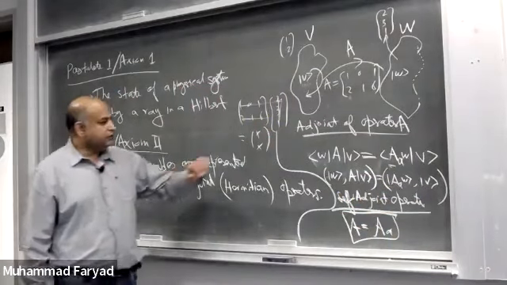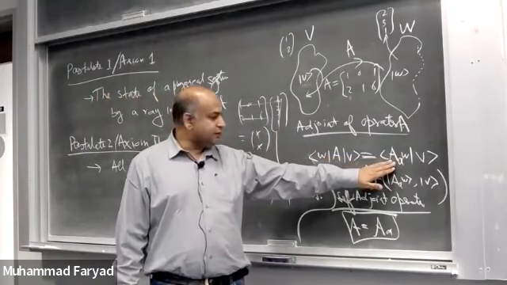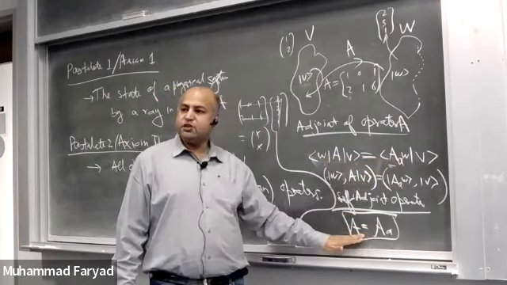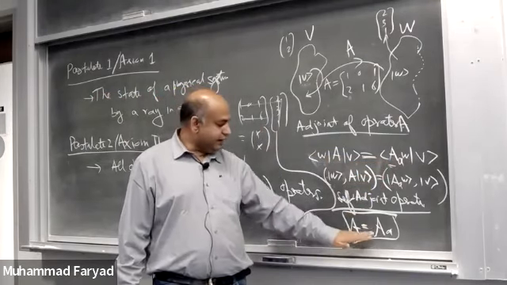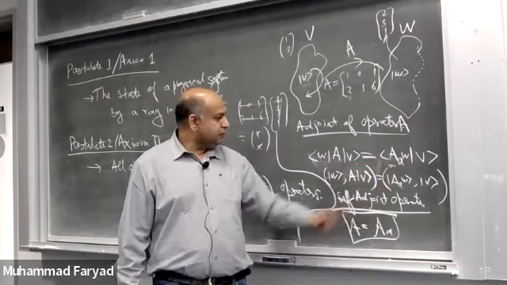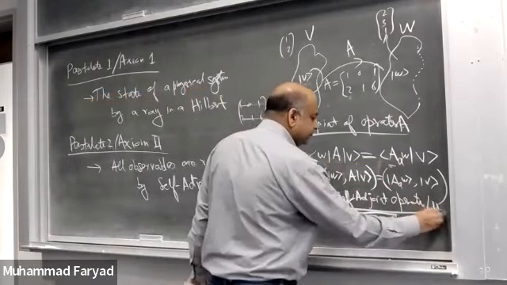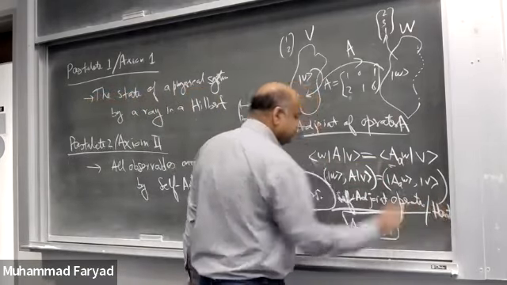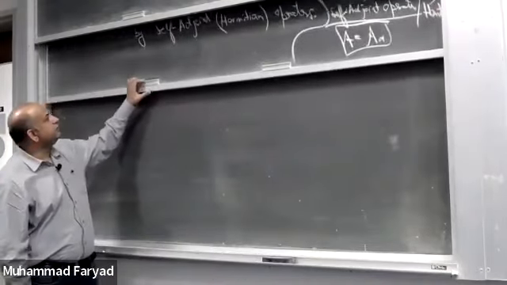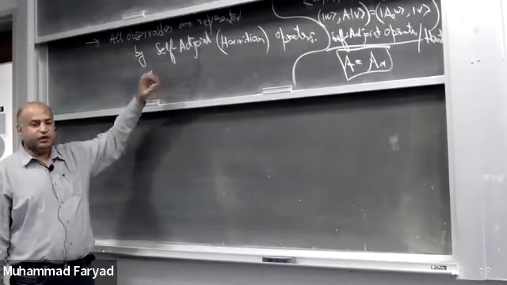In general, the operators have a different adjoint. But there are some operators whose adjoint is the same as the operator itself, and that operator we call a self-adjoint operator. And we also call it Hermitian. All right. We'll see why this axiom is there, why a Hermitian operator, in a little while.